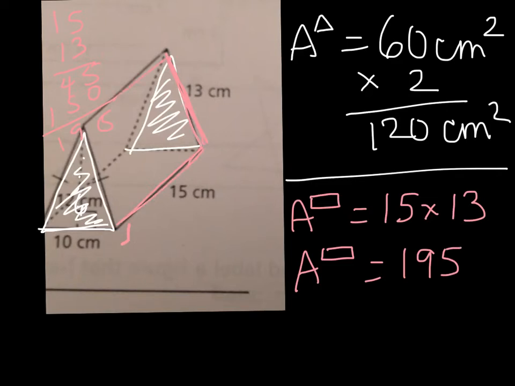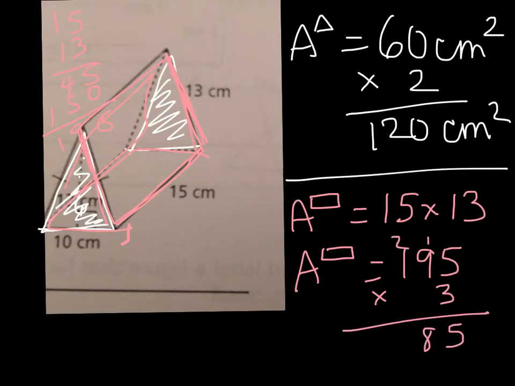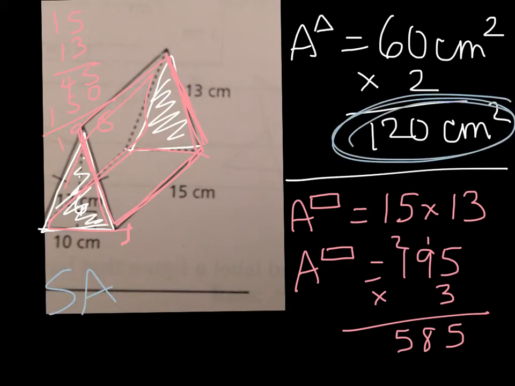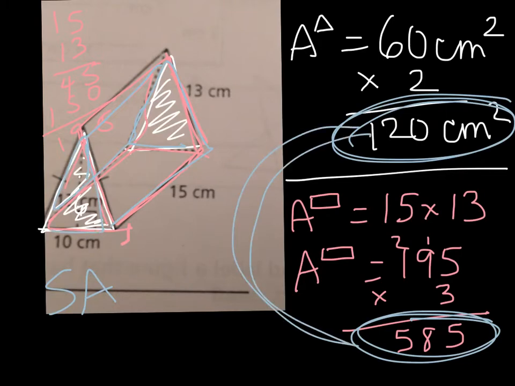So obviously you're going to have 3 sides to your triangular prism. So we have 1, 2, 3. So you're going to take that 195 times 3 and get 585. But now to find the surface area, you need to add this plus this so that you have the whole entire prism into your surface area. So add those two together.